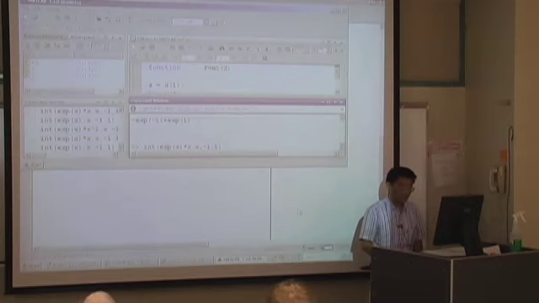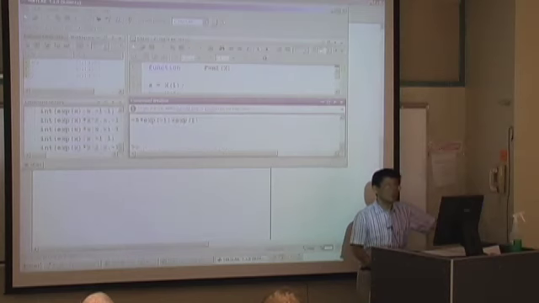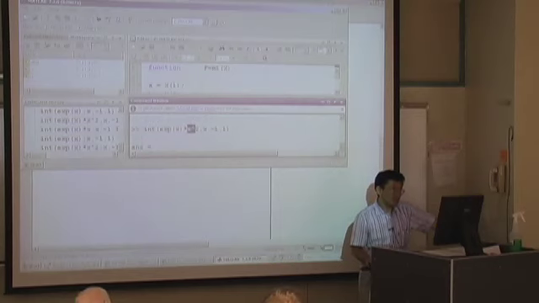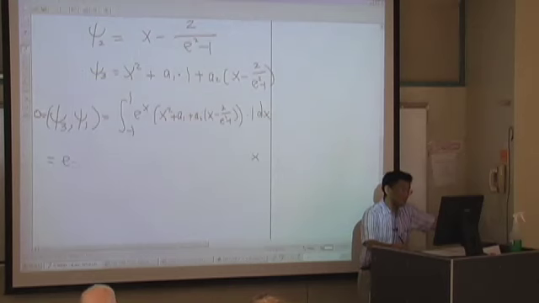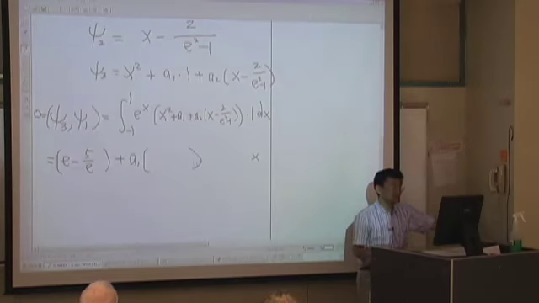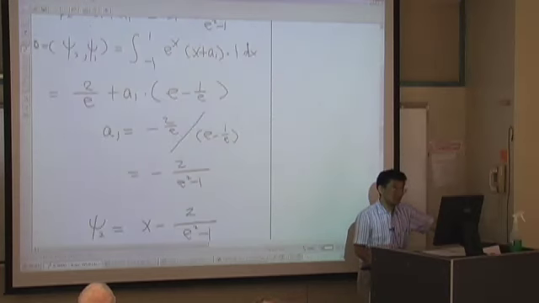X squared. Then it is this one, sure. So x squared is now found from negative 1 to 1. Then it is e minus 5 over e. So the first term is e minus 5 over e. And then a1 multiplied by some result, the exponential function. I guess that is done already.